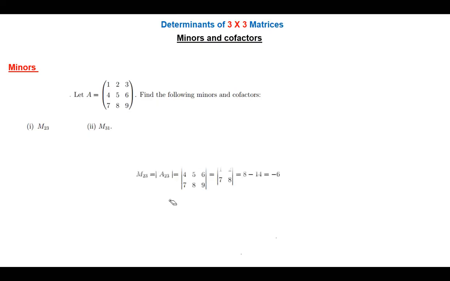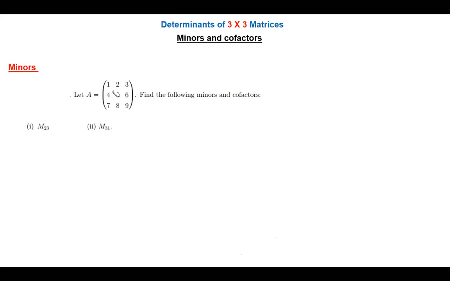For a 3 by 3 matrix, you need to know what are called minors and what are called cofactors. Without you knowing these, it will be difficult for you to find the determinant. So what are minors? A minor is just a determinant of a 2 by 2 matrix.